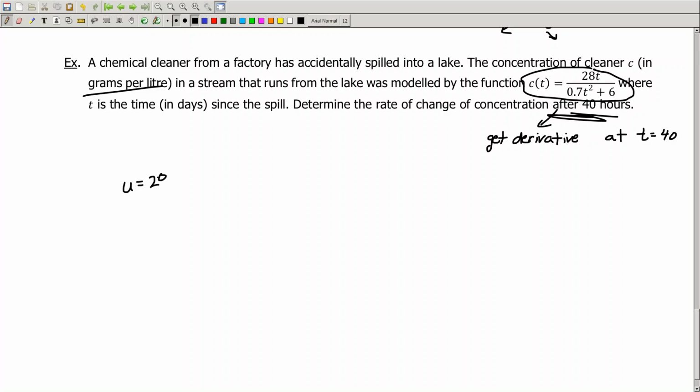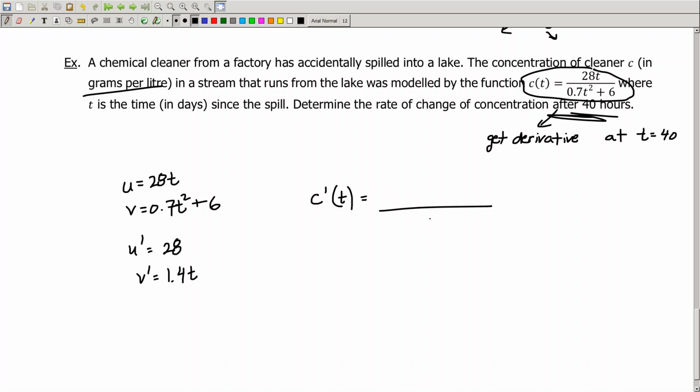So I'm going to do u equals 28t, v equals 0.7t squared plus 6, and I'm going to apply the derivative to each term. u prime is 28, v prime is 1.4t. And then I'm going to do my derivative function. In this case, I'm just going to call it c prime. It just makes life a little easier. And I'm just going to do, let's see, v squared.